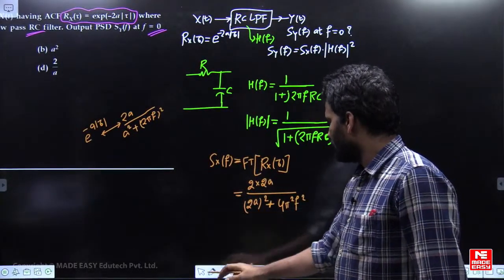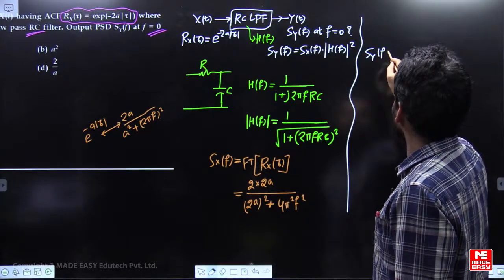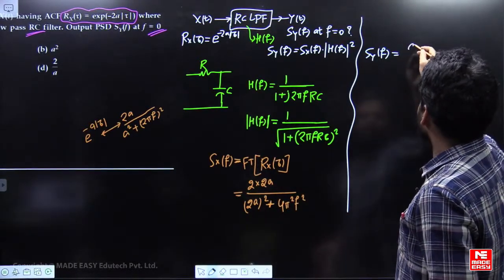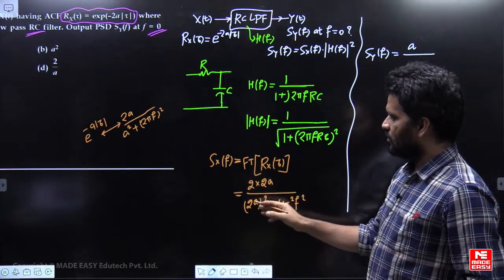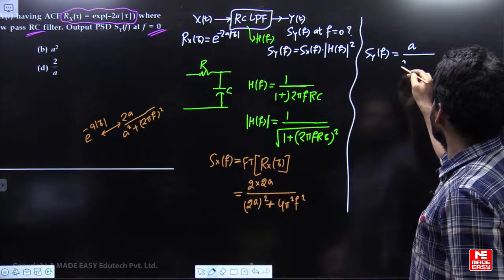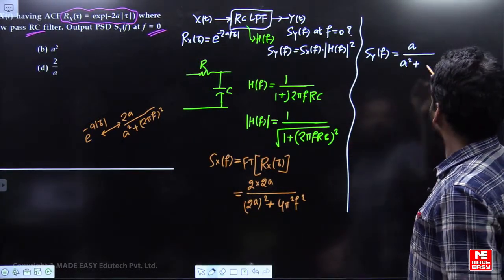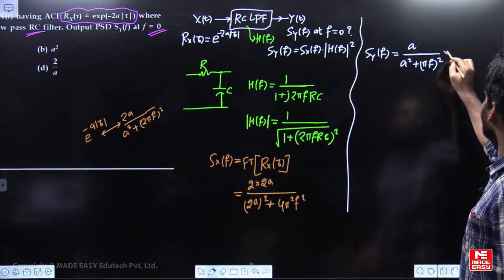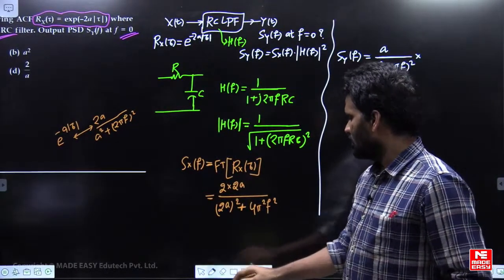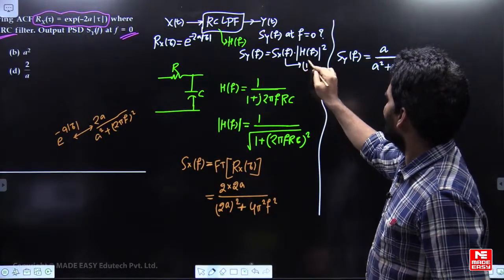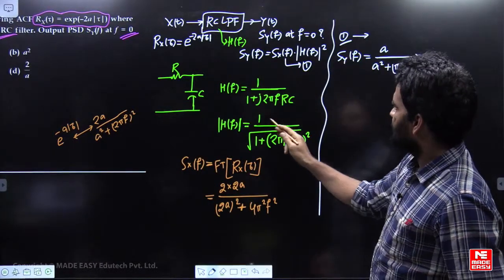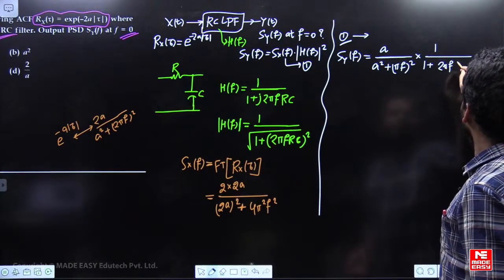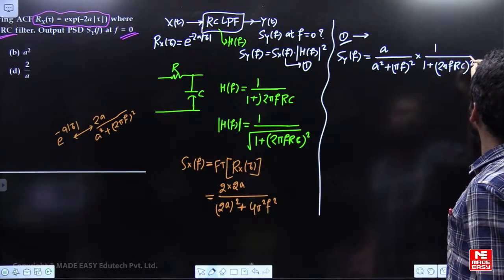Then you can write output PSD is equal to input PSD into Sx(f), and Sy(f) is Sx(f) into mod H(f) square. Taking this as equation 1, mod H(f) square is 1 upon 1 plus (2 pi f RC) square.